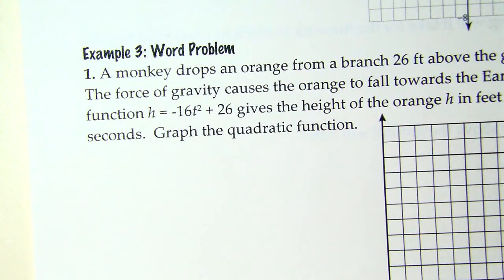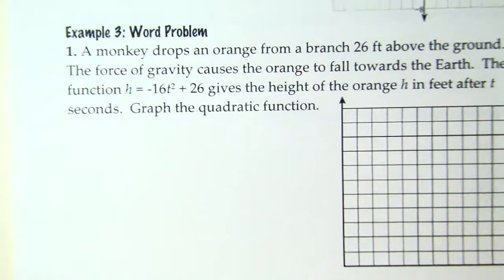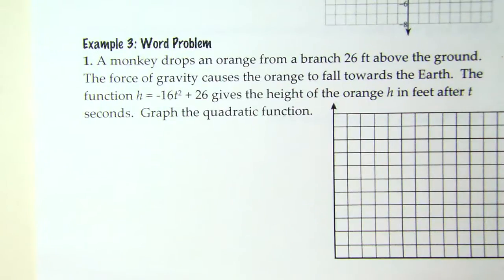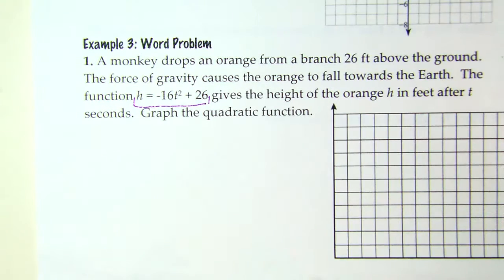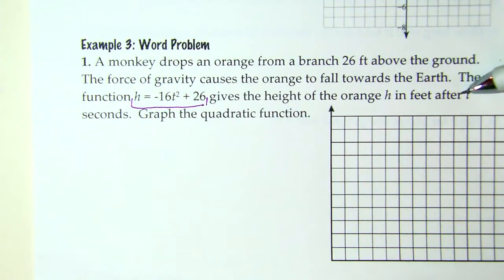So it says, a monkey drops an orange from a branch 26 feet above the ground. The force of gravity causes the orange to fall towards the earth. The function, so it gives us an equation here, represents basically the path that the orange takes when it falls. The h is the height, and the t is the time in seconds.